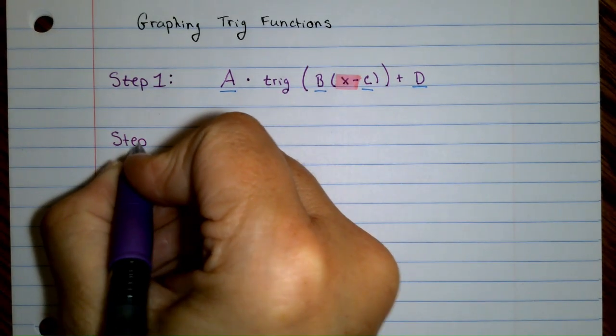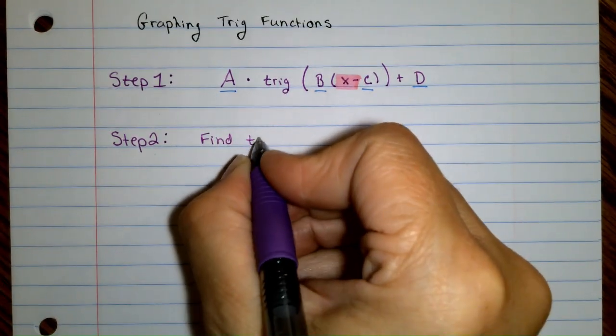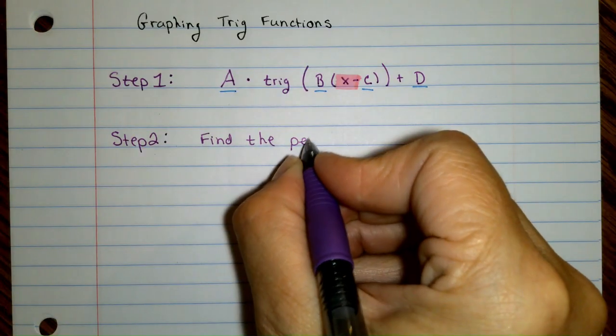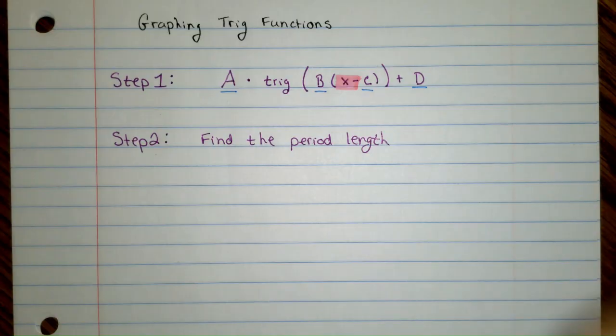Step 2. You're going to find the period length. Now the period length is the time it takes to repeat.